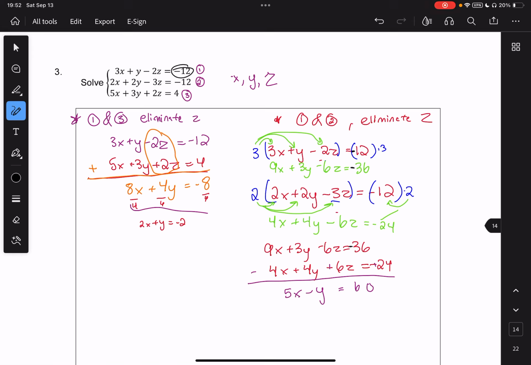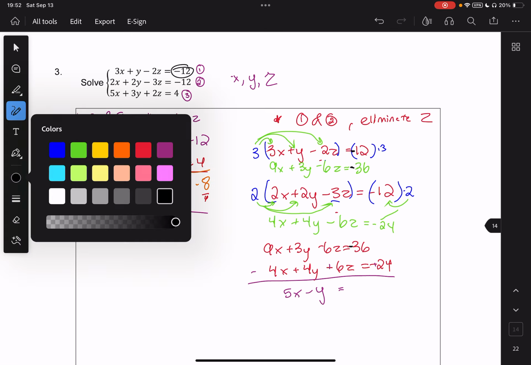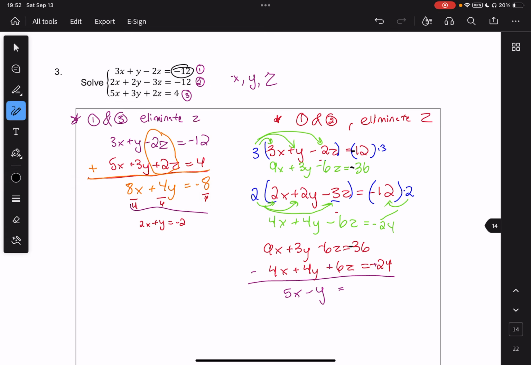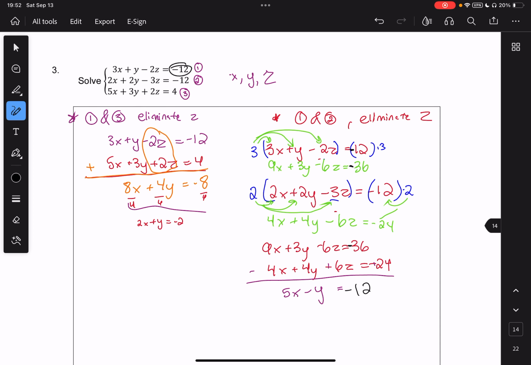So then when we have our negative 36 minus a negative 24, that becomes negative 36 plus 24. So that results in negative 12.